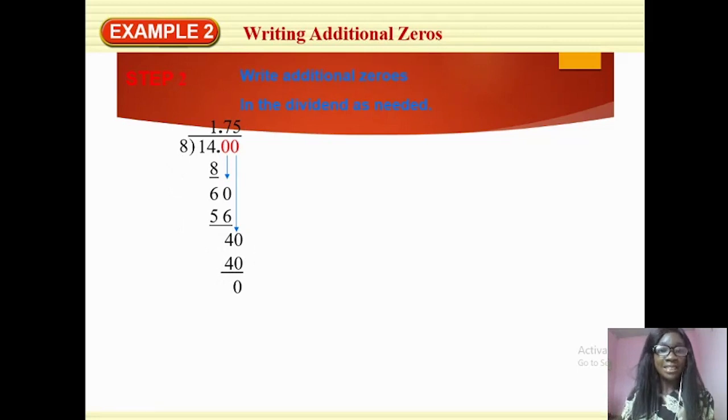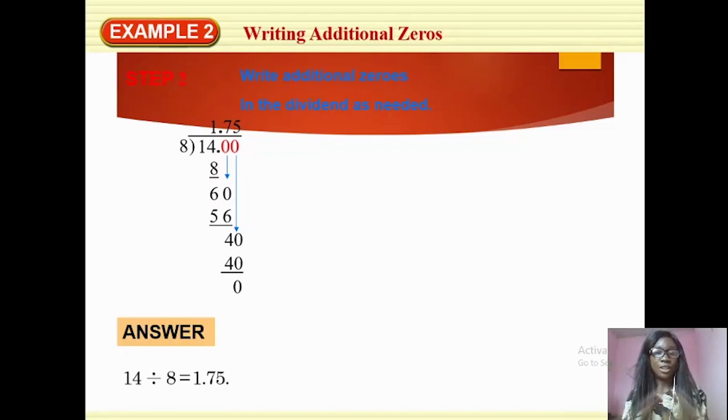Brother, which is bring down, will check if there's any number to bring down. There's no number to bring down. So we are done. Our answer is 1.75. So 14 divided by 8, the quotient which we are asked to look for, is 1.75.